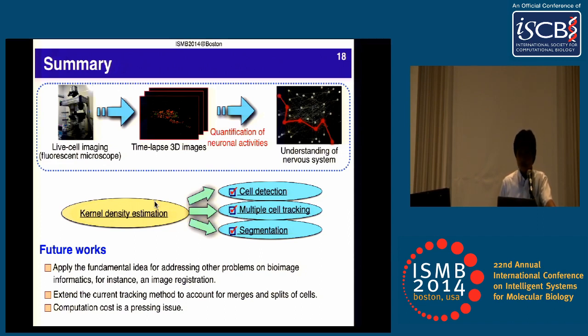So we plan to extend this method to account for cell division. And the computation cost is very important. In our project, huge numbers of imaging data will be generated in the near future. So decreasing the computation cost is a pressing issue for us.